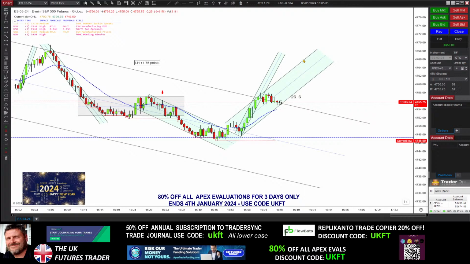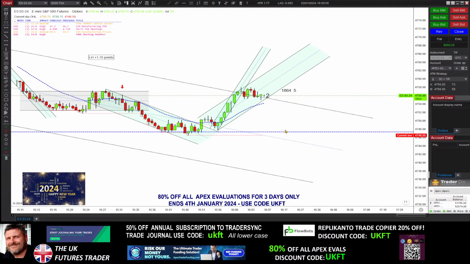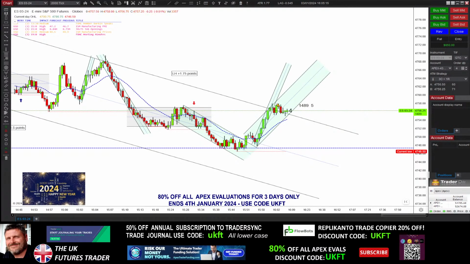Push up, two legs down. That's actually a second entry long there. I think there's going to be some shorts there. I'm tempted to take that one, but because we're at this area, I'm not going to. I'm a bit on the fence here. I like the way it's testing this, so I think that's probably going to work.